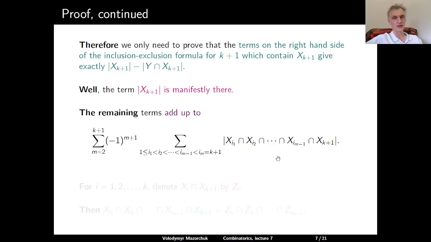And then we have the cardinality of the intersection of the corresponding x sub ij's. For i between 1 and k, let us denote the intersection between x sub i and x sub k plus 1 by z sub i. Then our intersection in the formula can be written as the intersection of z sub i1, z sub i2, and so on, z sub i(m minus 1).